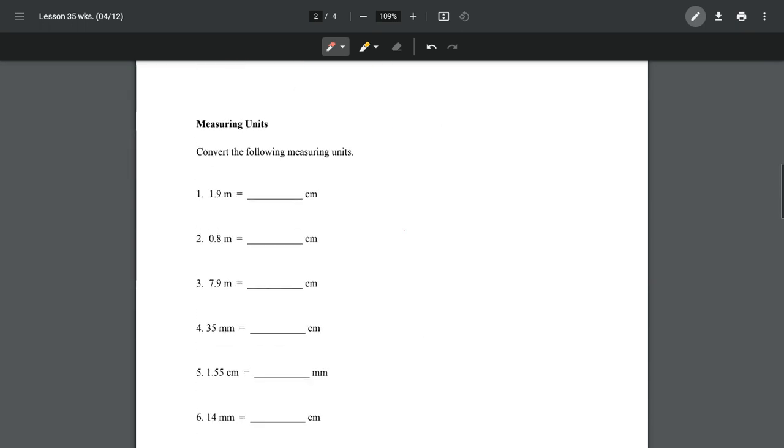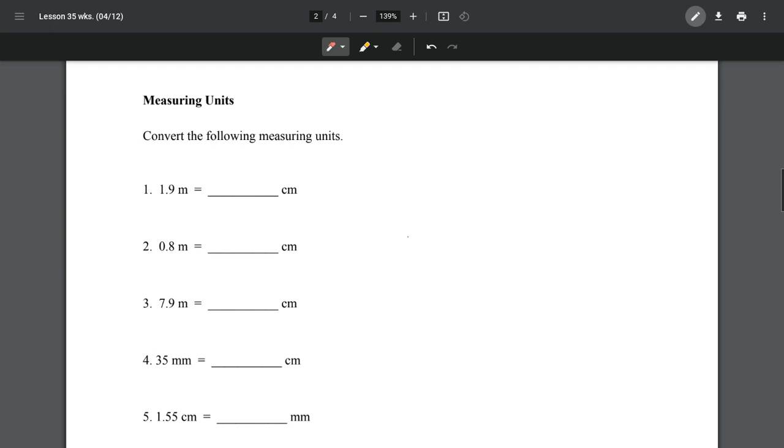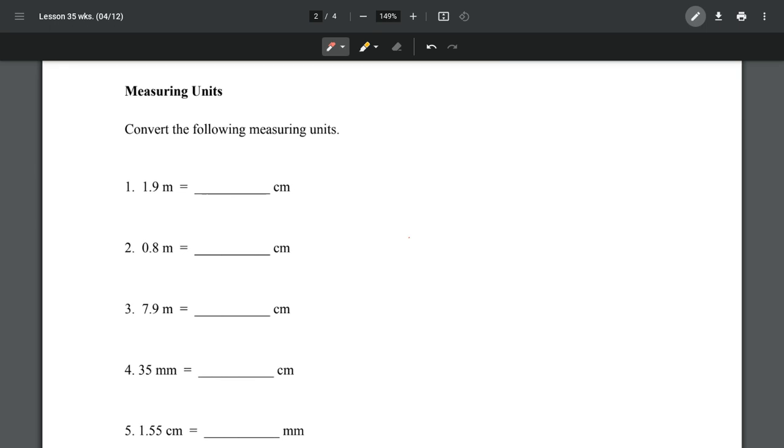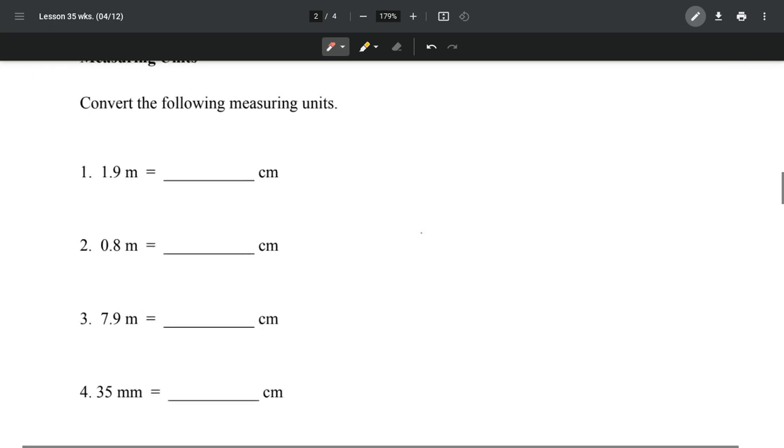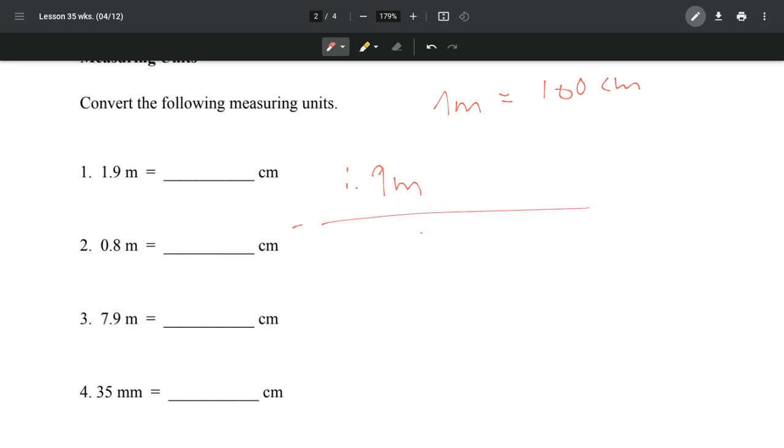And let's move on. So, measuring units. This time we're converting the following measuring units. For number 1, we're converting meters to centimeters. And 1 meter equals 100 centimeters, right? So we have 1.9 meters, and we want to convert it into centimeters.